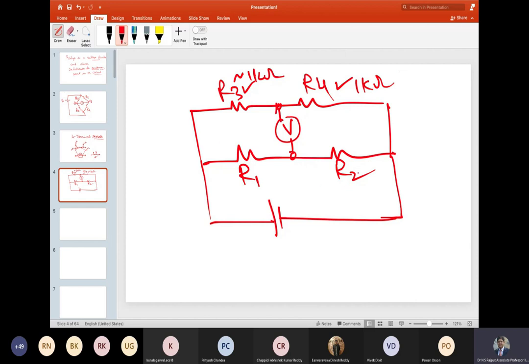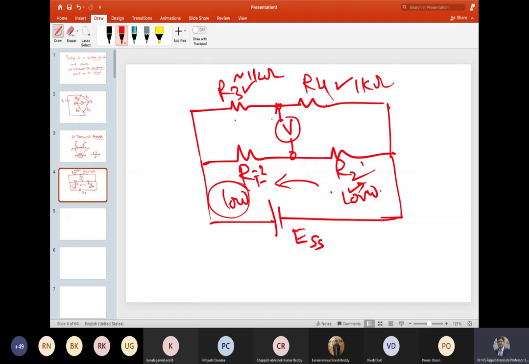However, say R2, I want to keep very low. Obviously, if this one is low, the unknown should also be low, because eventually this is the ratio by which we are dividing the voltage supply.